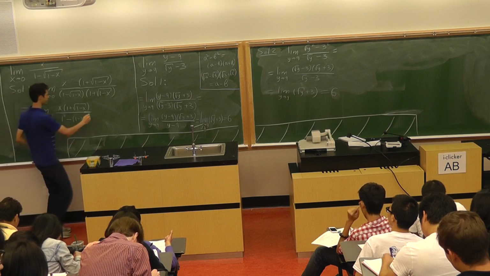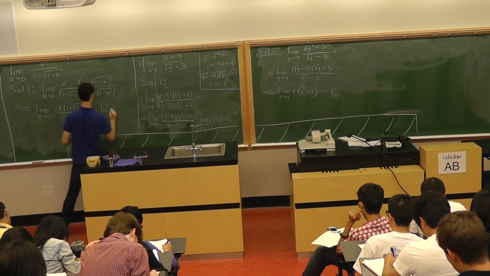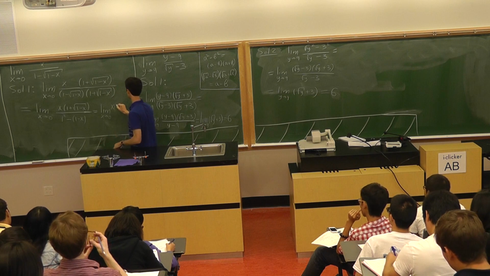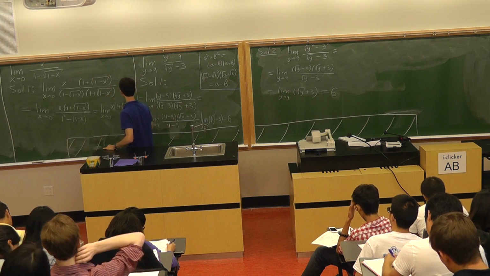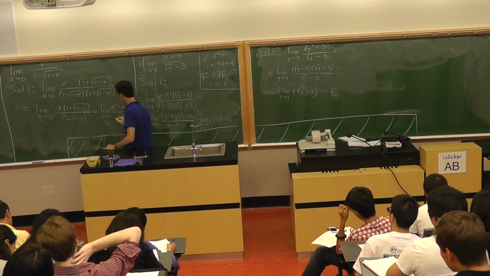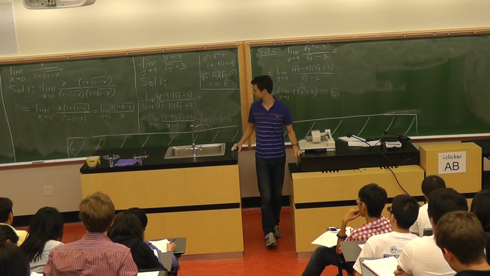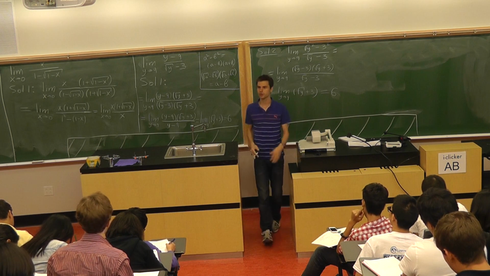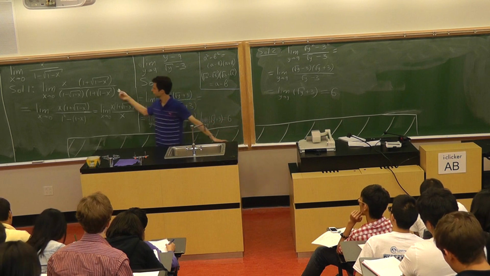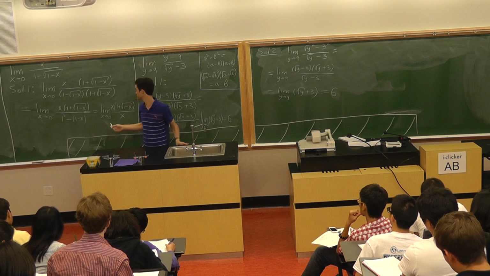Let's simplify it even further. This limit, x tends to 0, x times 1 plus square root of 1 minus x. In the denominator, we have a very simple expression, just x. So after doing this, the denominator got simplified to just x, a very simple thing.